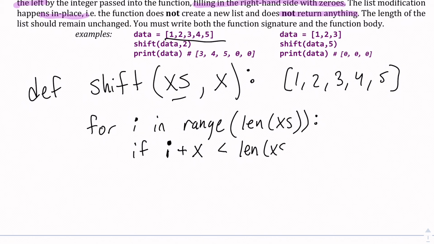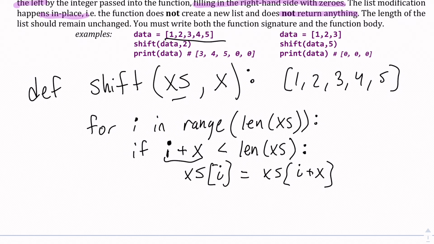So is it less than the length of this list x's? If it is, that means the number in this location should become the number at position I. So let's write that. Then let's take x's at position I and update it, or shift down the thing at this position I plus x. x's at I plus x.